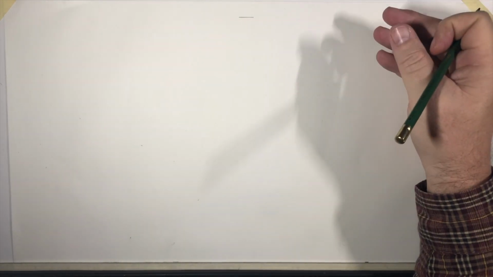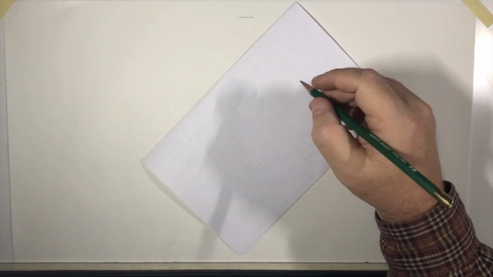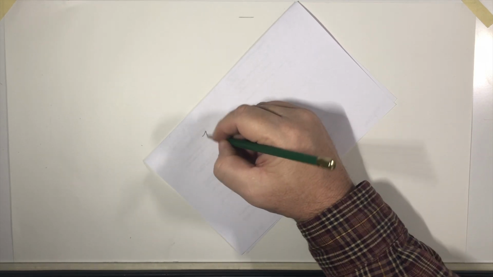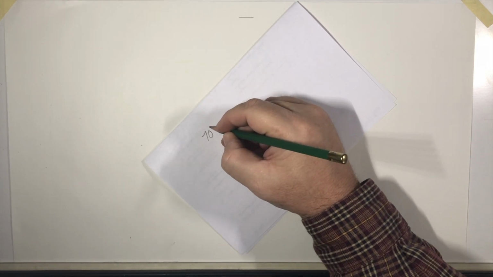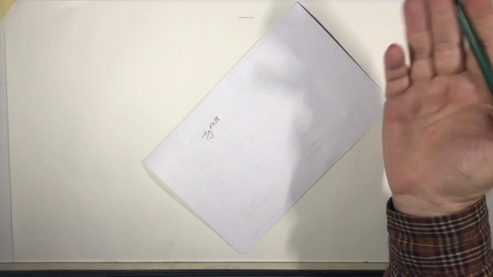To get started, there are a few things you have to know about building code. Bedrooms must be at least 70 square feet. That is by code.